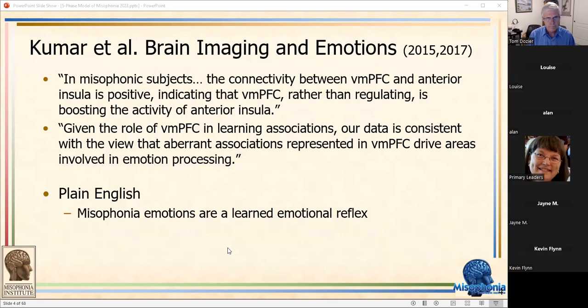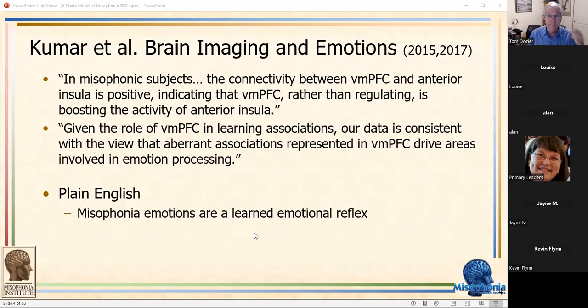Sukhbinder Kumar has published several, or at least I think at least three papers on misophonia and the brain structures that are involved. Basically, he's found that misophonia emotions are a learned emotional reflex. I won't say it in the complicated way that he does, but misophonia is a learned emotional reflex.